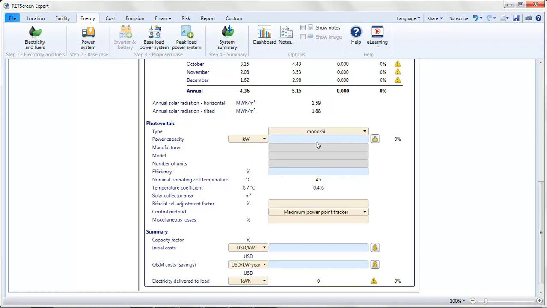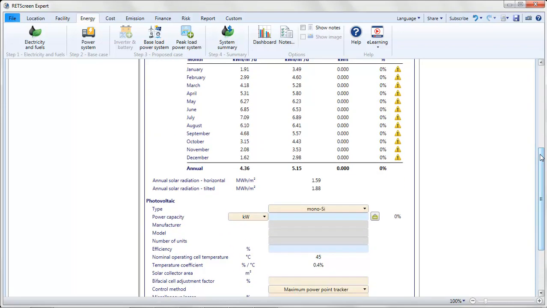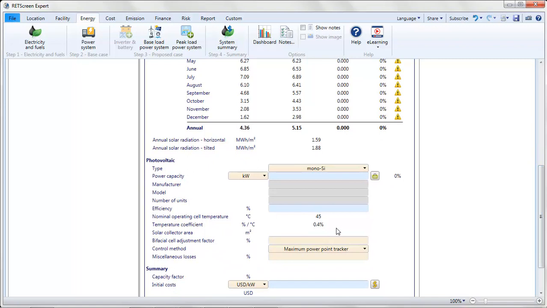I'm going to select the power capacity in order to meet the specified load in all these months. But in order to do that, I first have to set up the rest of the parameters here. So for efficiency here, it's not a critical parameter except in that it determines what the solar collector area is. So I'm going to put in 20% there. That's a reasonable value for cutting edge modules.